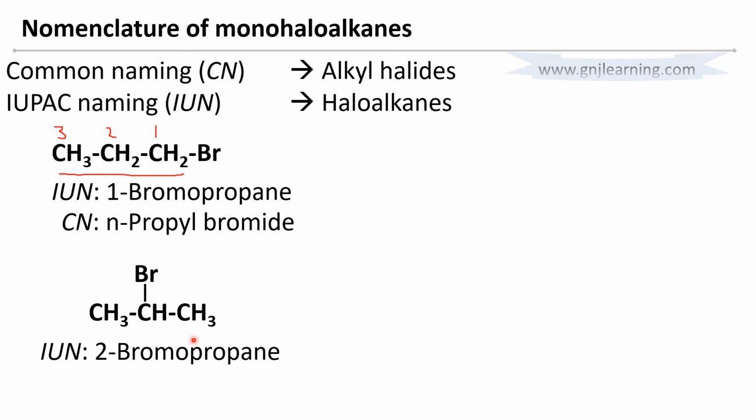Now, what will be the common naming for this compound? When we were studying the introduction part, we saw certain special branches that were accepted by IUPAC. This is one such branch, but here we are looking for common naming. It is a special type of branch which we have already learned in the introductory class.